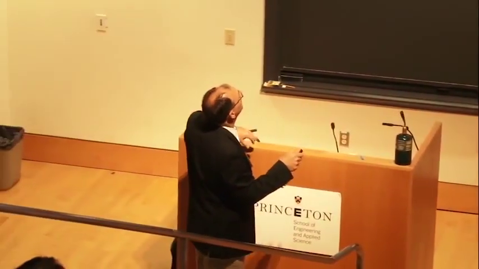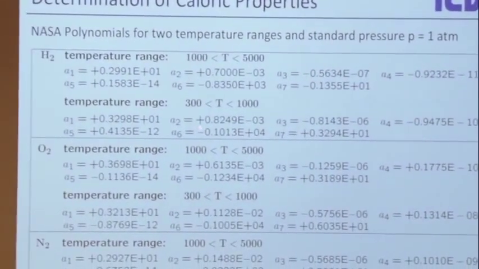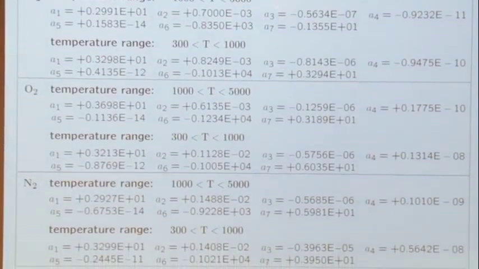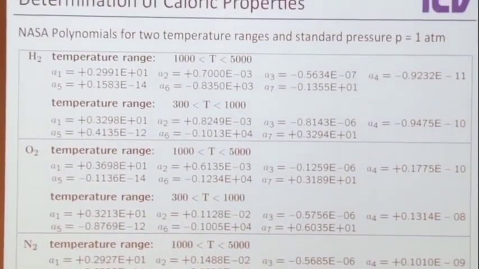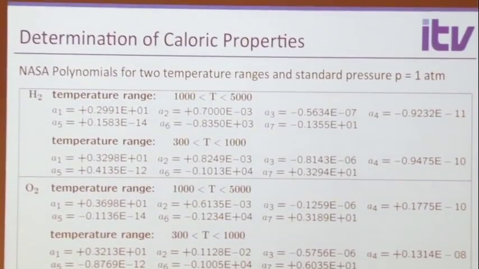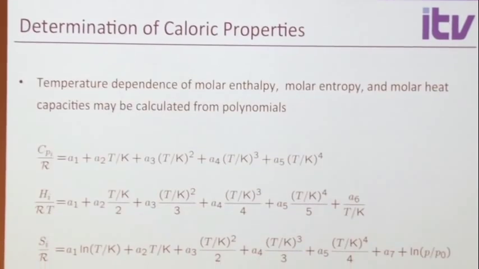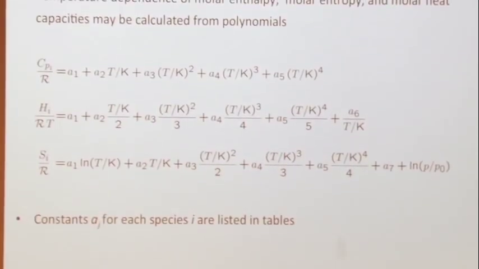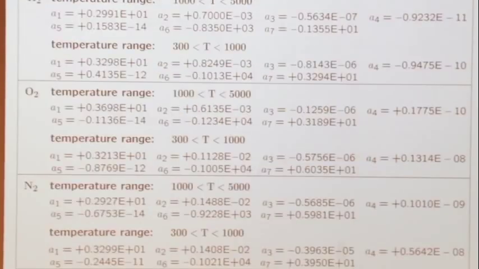I can't remember, like 2, 4, 6, 12, 14 or whatever coefficients, and they are usually in 2 temperature ranges, one for lower temperature and one for higher temperature, just to make it more accurate. And if you take this here for hydrogen and plug all these numbers into this polynomial for 298 Kelvin, you should try to do this, then it should be 0. Okay?